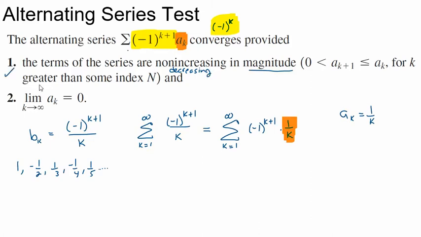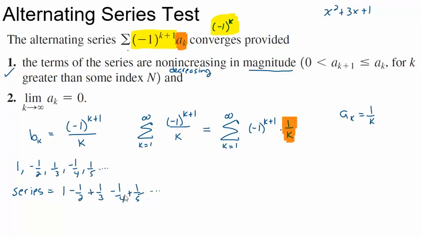Now, when it says terms of the series, you guys are used to this idea of terms. If I give you a polynomial and I say, how many terms does that have? You'd say, oh, that has 3 terms. So when I'm talking about the terms of the series, the series itself is going to be 1 minus 1/2 plus a third minus a fourth plus a fifth, etc. The terms of the series are the 1, the -1/2, the third, the -fourth, the things that we're adding up.